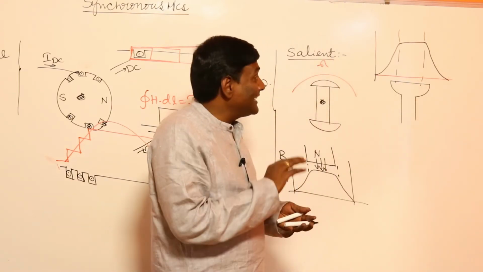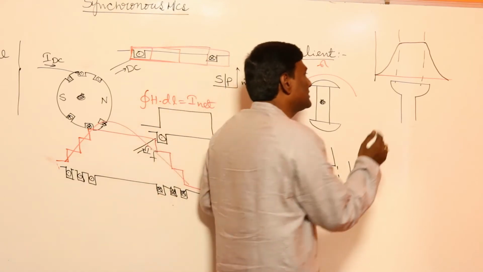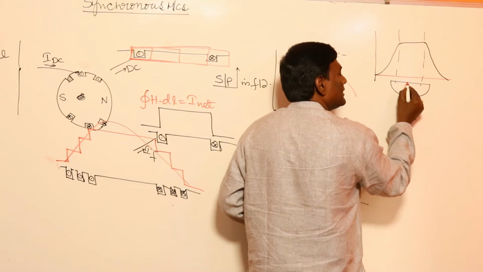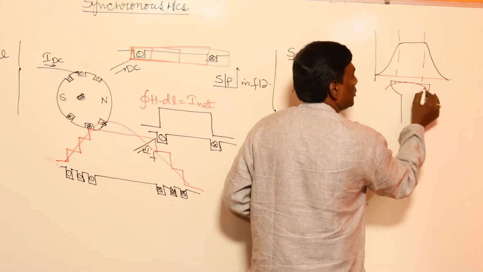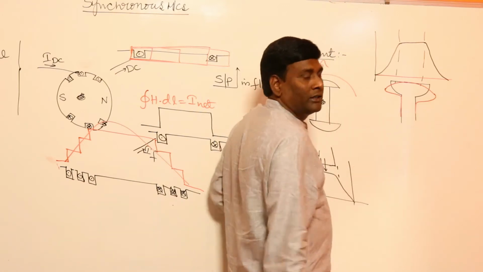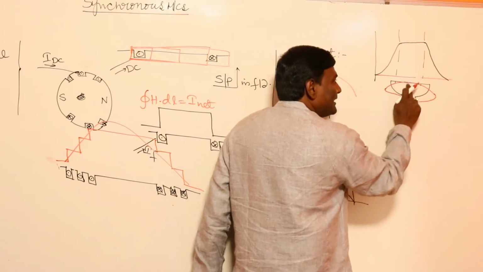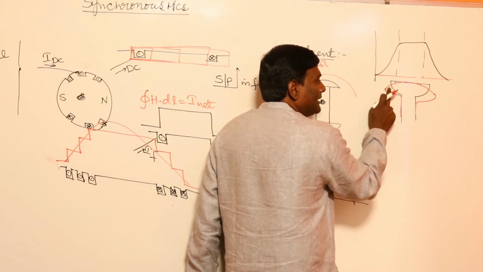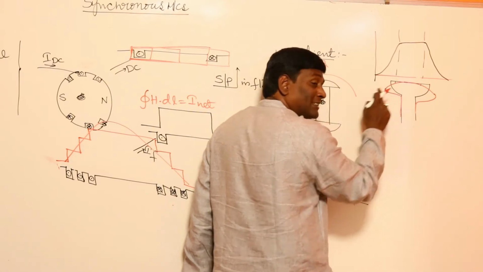Now let us change the pole structure. For example, if I change the pole structure such that there is the least air gap at the pole center and the air gap increases at the pole tips. If I maintain the least air gap at the center and more air gap at the tips, what will happen? At the pole tips, reluctance is increased or not?